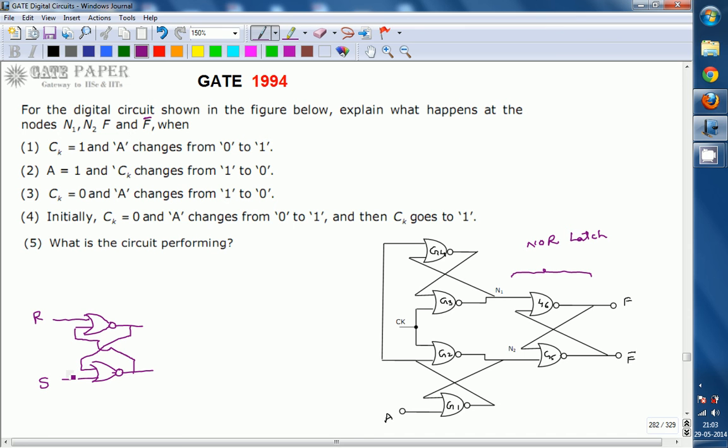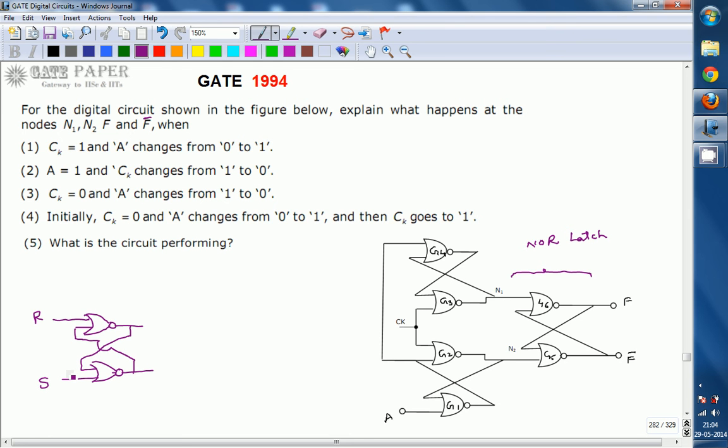For a NOR gate the important characteristic is that if one of the inputs is 1, we can tell the output without knowing the other information. Whether it is a 2 input, 3 input or 4 input NOR gate, if one input is at logic 1, we don't need to bother about the other inputs.